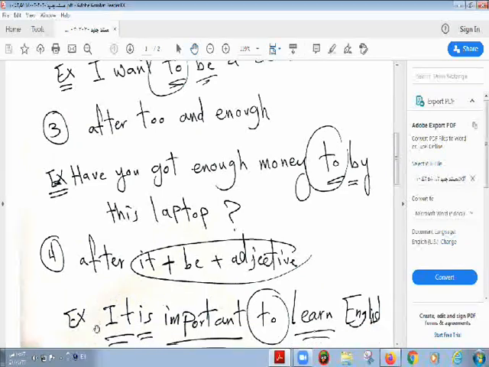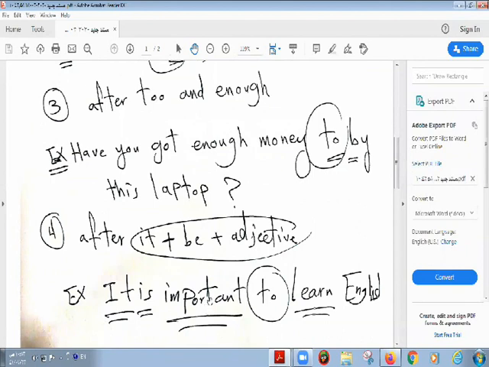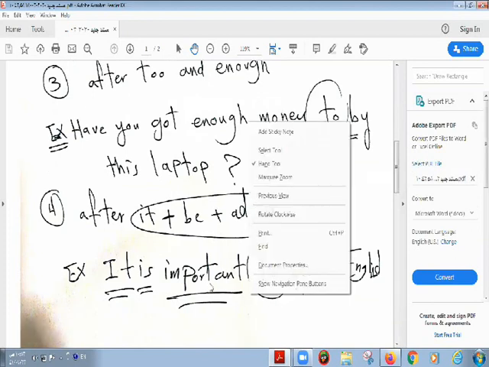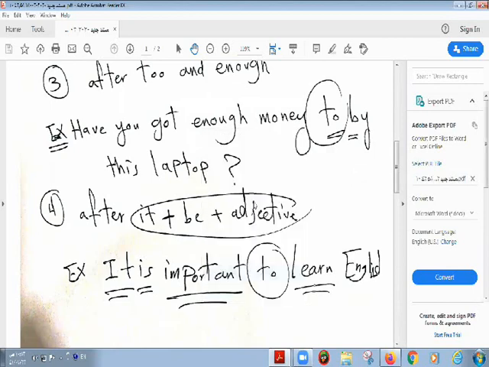For example, it's important, it plus is, which is be, plus the adjective here, which is important. Important is an adjective. So the sentence here is, it's important to learn English language.